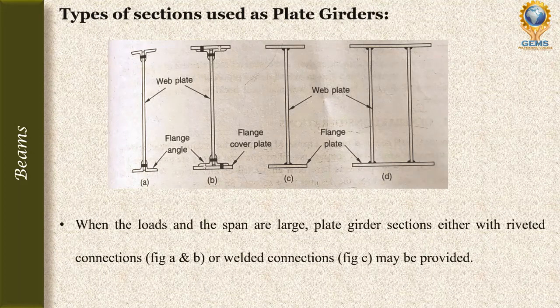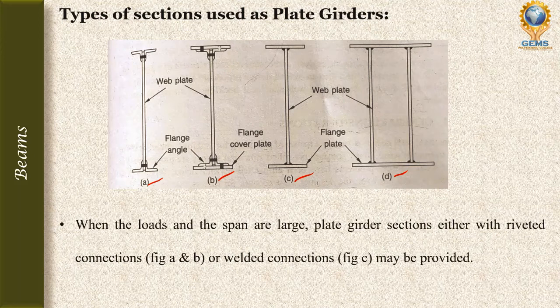So the next topic is what are the types of sections used as plate girders. There are 4 types: A, B, C, D. A and B we will use in the riveted connection, and C and D we will use in the welded connections. So see where we will use these types of sections.